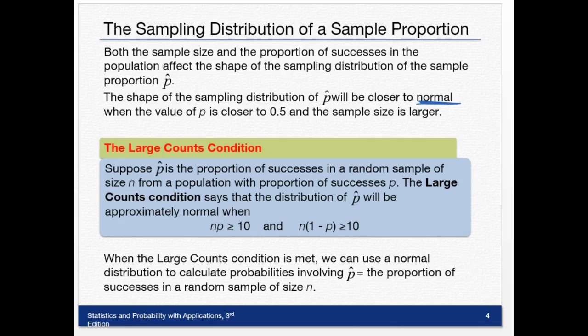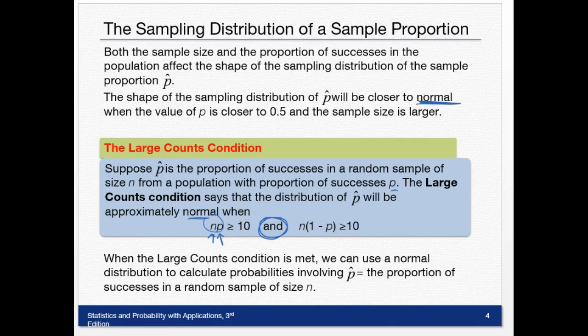Suppose p hat is a proportion of successes in a random sample of size n from a population with proportion of successes p. The large counts condition says that the distribution of p hat will be approximately normal when n, sample size, times p, the proportion of the population, is greater than or equal to 10, and notice it's not or, it's and, n times 1 minus p is greater than or equal to 10.